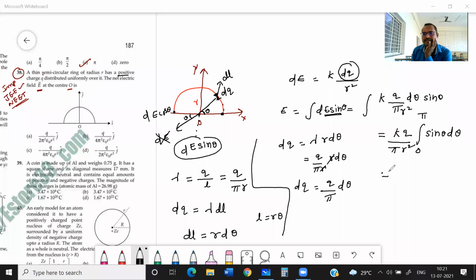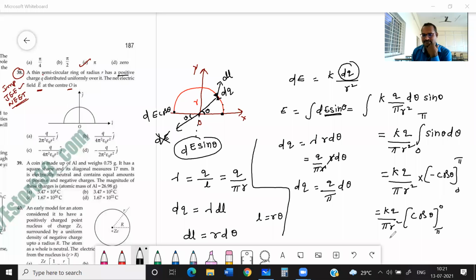Yes, so you will get kq by pi r square into integration of sin theta d theta, which is minus cos theta, as you know, from 0 to pi. Yes, you will get kq by pi r square into, minus is there, so that's why I'll write cos theta from pi to 0.